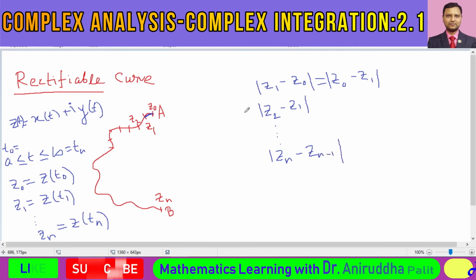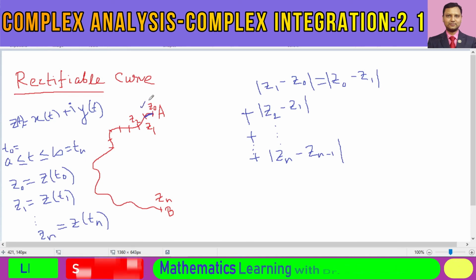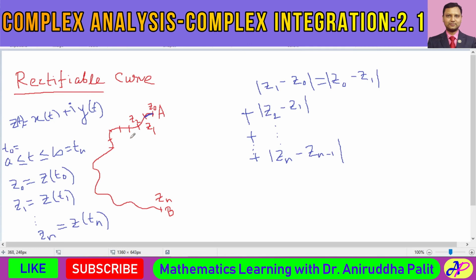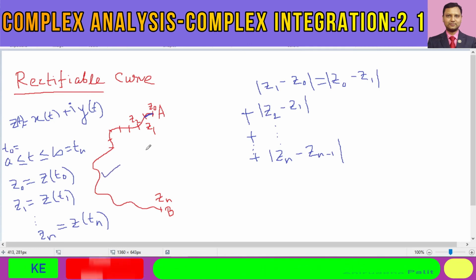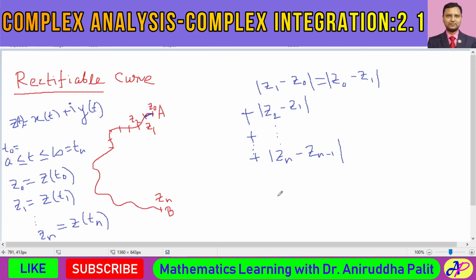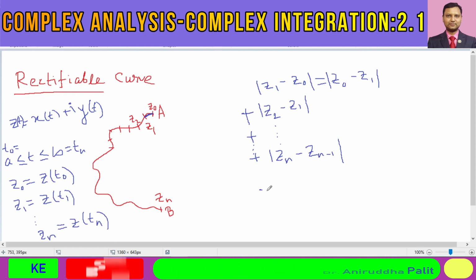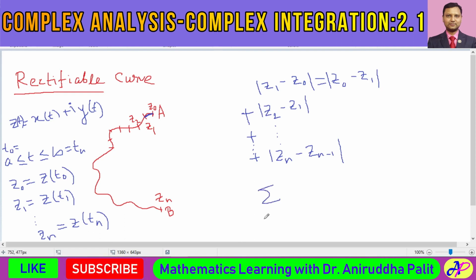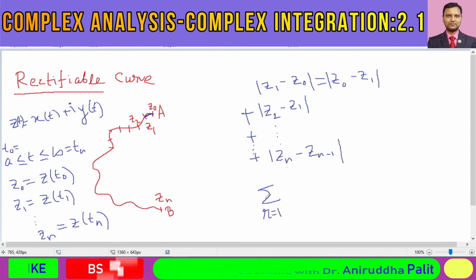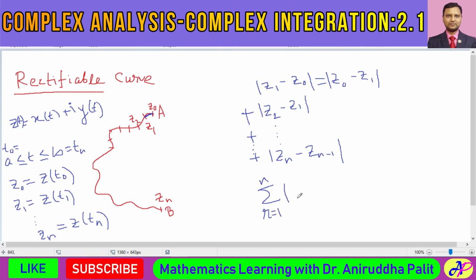Now, if you add all these lengths, then we would get an approximate length of the curve in between A and B of this entire curve. All right. So what would be the approximate length of this entire curve? That would be equal to summation, from r equal to 1 to n, of modulus of zr minus zr minus 1.